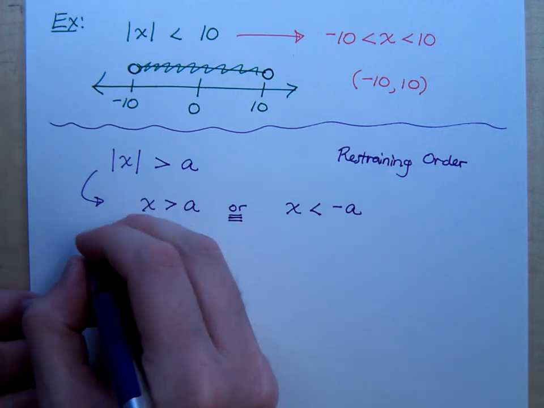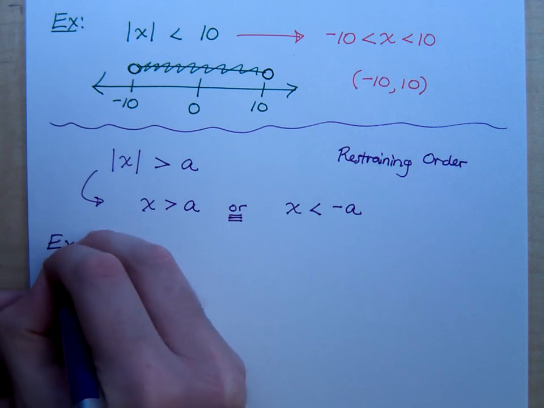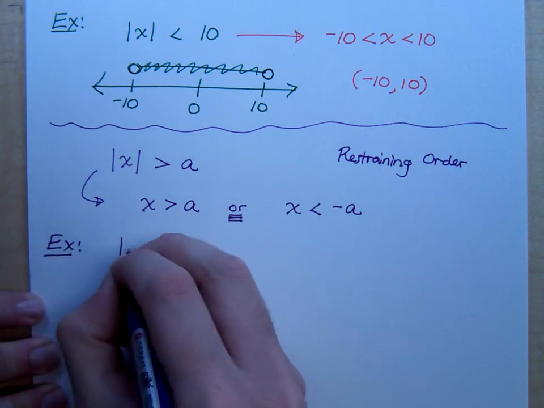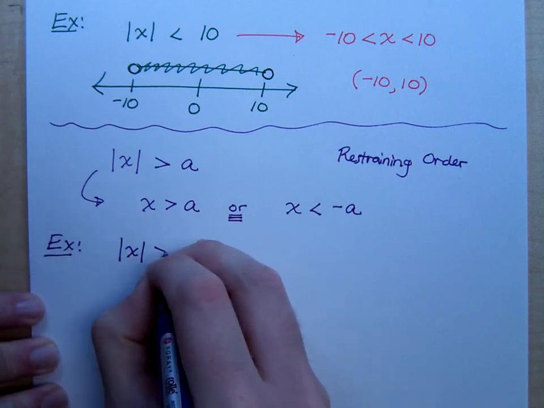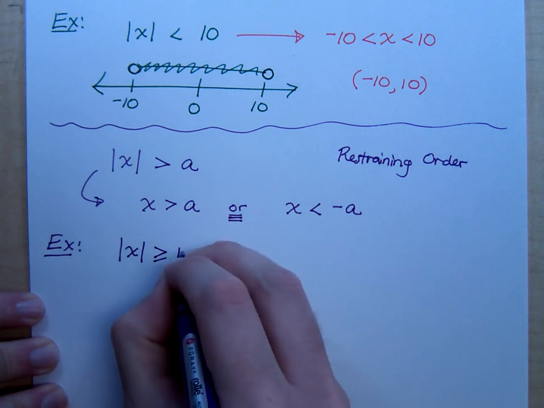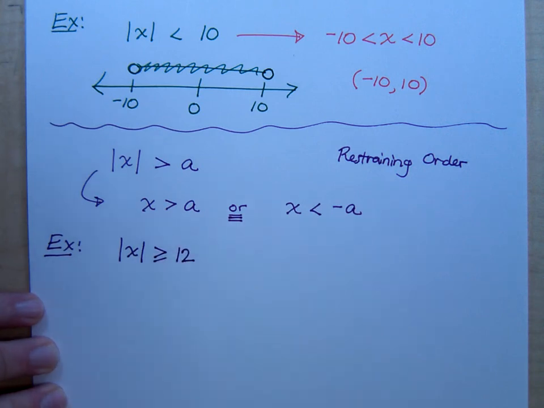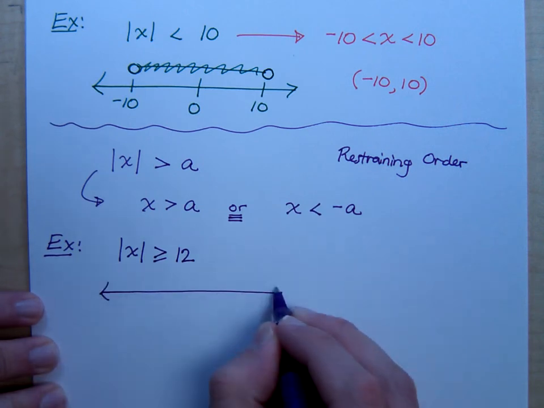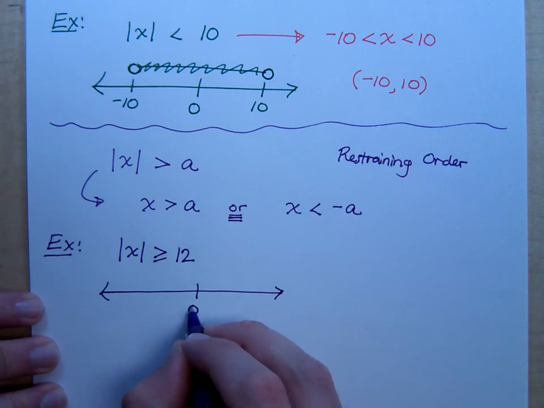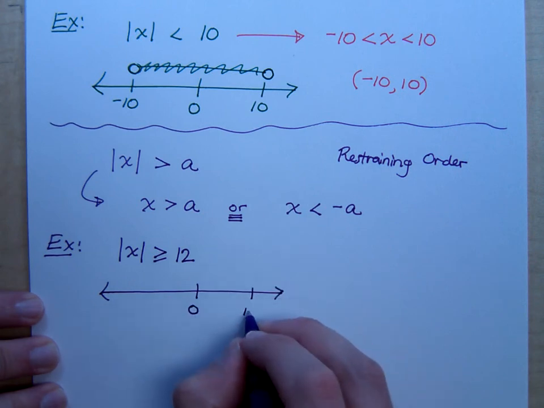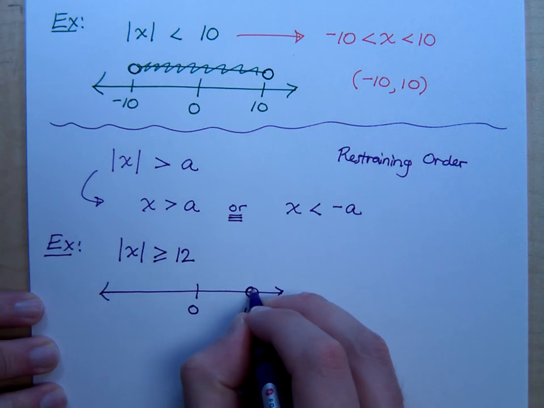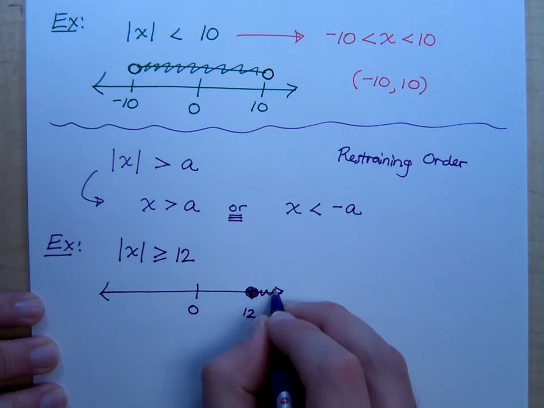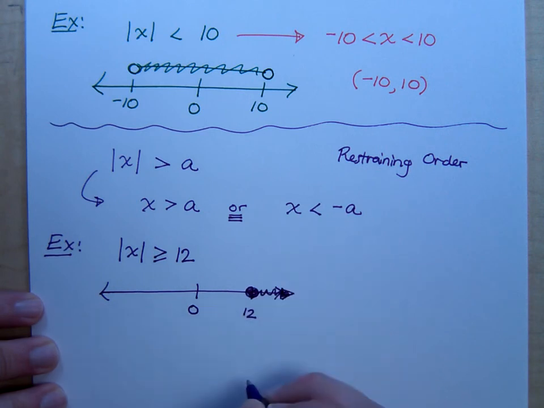So, for example, if I say that the absolute value of x is greater than or equal to 12, that's saying that I want my distance from 0 to be greater than or equal to 12. That means here's 12 out here, so I want you to be equal to 12 or greater than that, right?